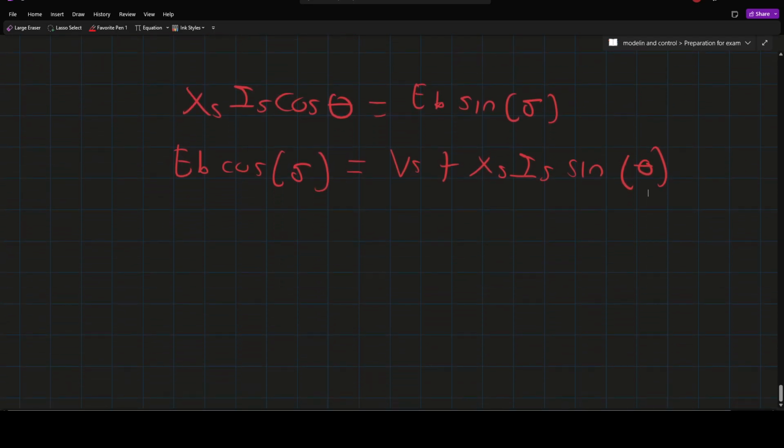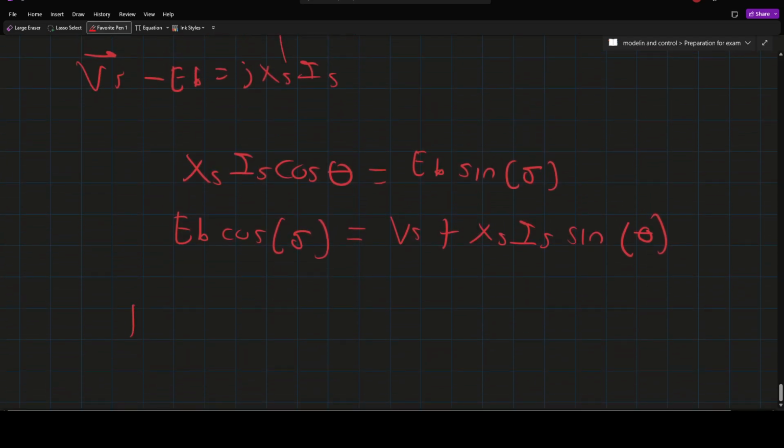So first, let's figure out what the power in is. That's going to be square root of 3 times the line voltage times the line current times the cosine of the angle.